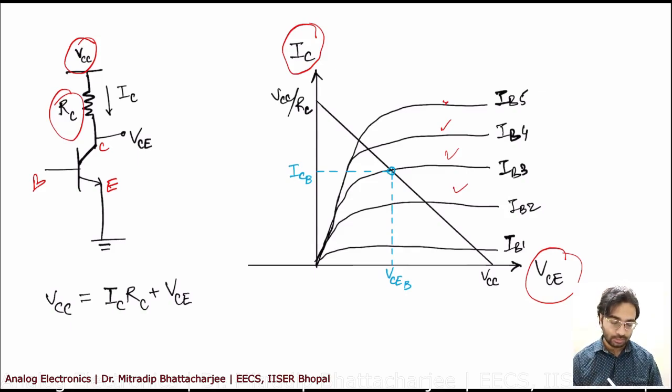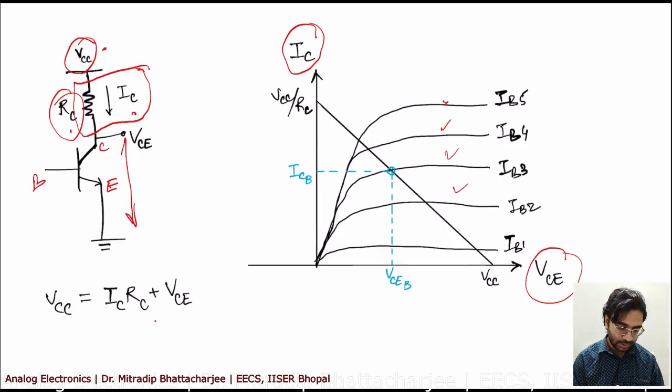If you do a KVL of the same thing, you will find a voltage drop in RC. So VCC will be equal to IC into RC plus VCE, whatever is the voltage here. This is grounded, right?